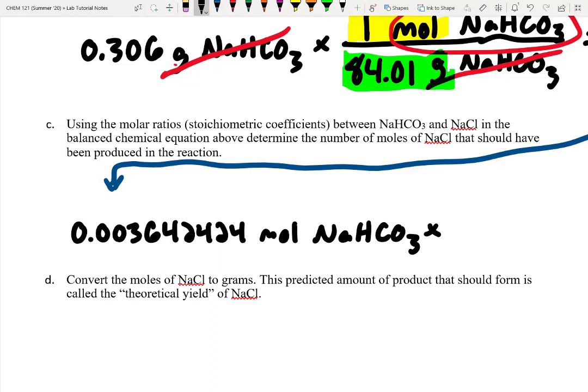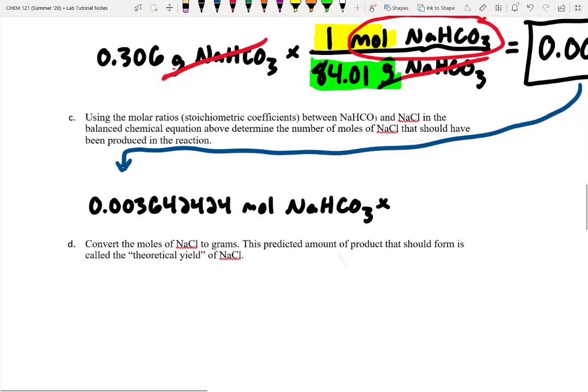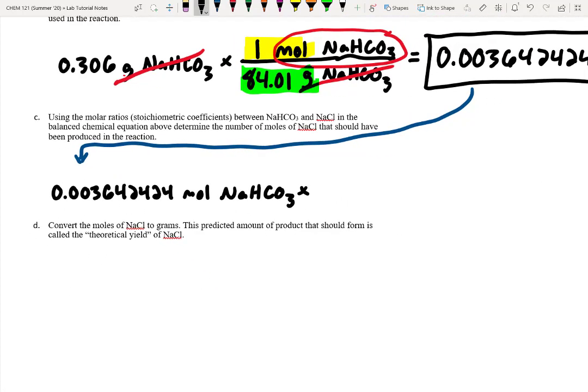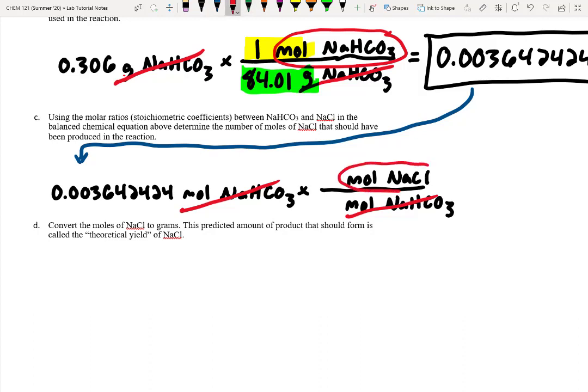So it's saying figure out the number of moles of NaCl. Okay, so this means if we're doing unit conversion, we need to cancel out moles of NaHCO3. That way we cancel out these units here and here. And we're trying to solve for moles of NaCl, so I'm going to put moles of NaCl on top. That way it's my leftover unit.